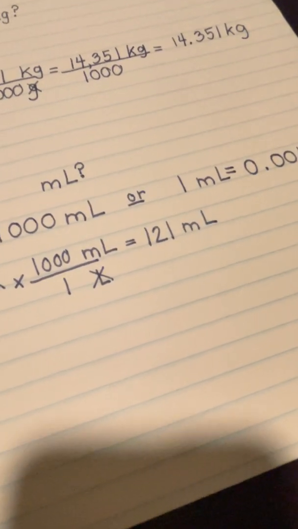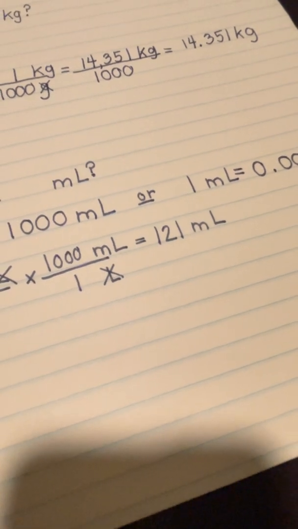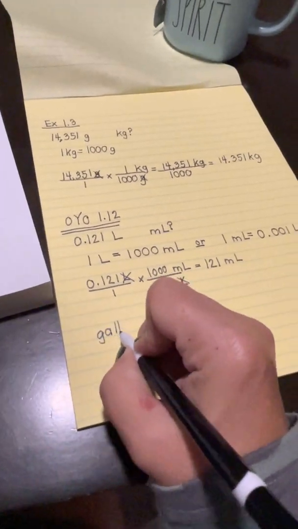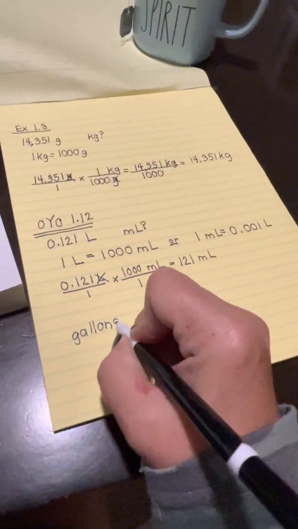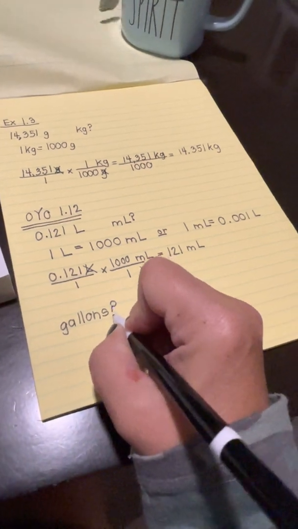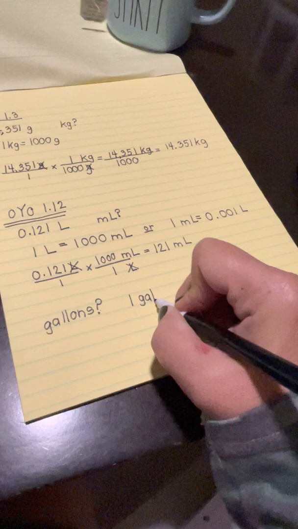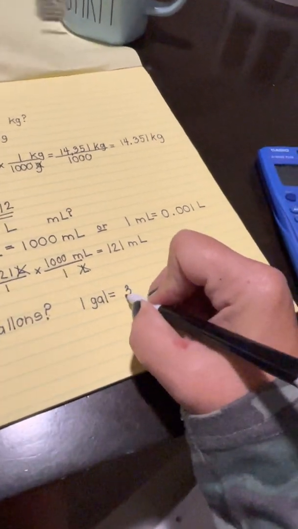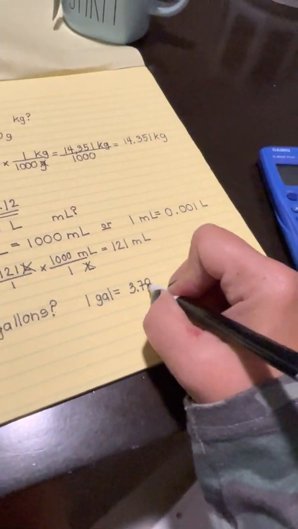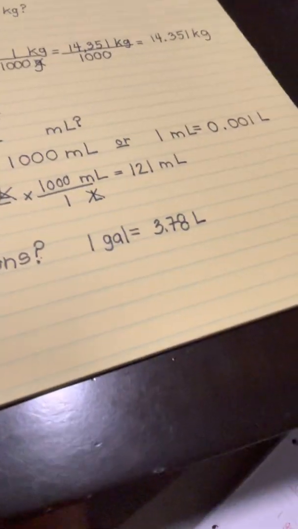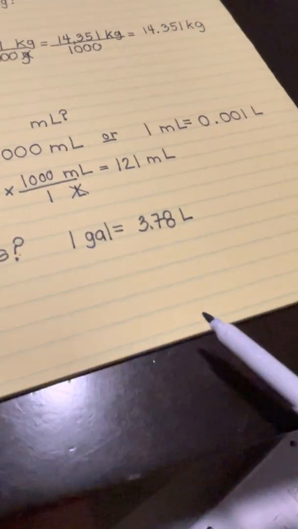Now, it also wanted us to figure out the volume of milk in gallons. But it gives us a conversion. 1 gallon equals 3.78 liters. So the book tells us that. So that's pretty much all we need.